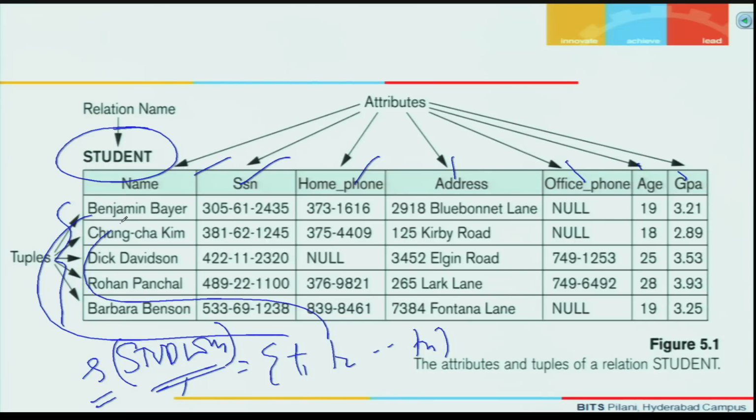At this point of time, this particular relation instance contains 5 tuples, and at a later point of time, as and when required, you may delete some tuples or add some tuples to the instance. So that's why every relation in the relational model will contain a relation schema and a relation instance. A relation instance is nothing but a collection of valid tuples or rows for that particular relation.